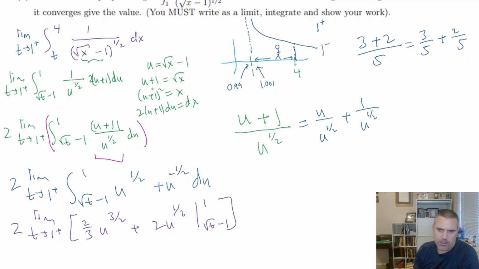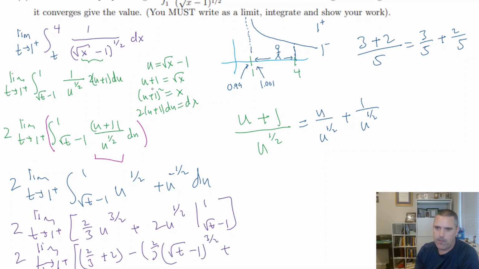And then we plug everything in. When you plug in a 1 everywhere, you get 2/3 plus 2, all right, minus 2/3, and you're getting this big mess, but I'll worry about interpreting it in a second, plus 2 times the square root of t minus 1, square root.